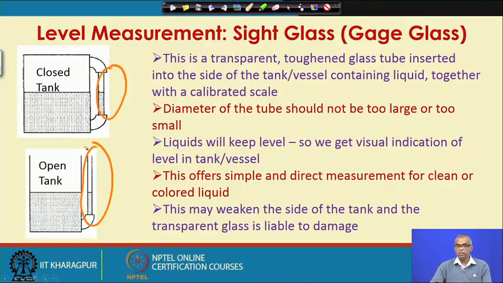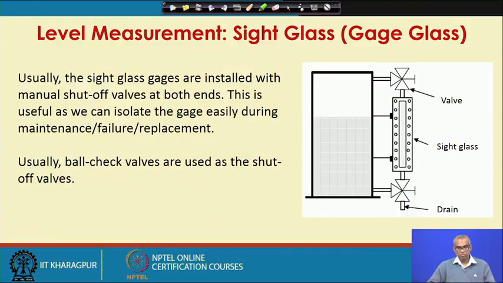Since we are inserting this sight glass to the tank, this may weaken the side of the tank. Also, the transparent glass is liable to be broken or damaged. Usually, the sight glass gauges are installed with manual shut-off valves at both ends.